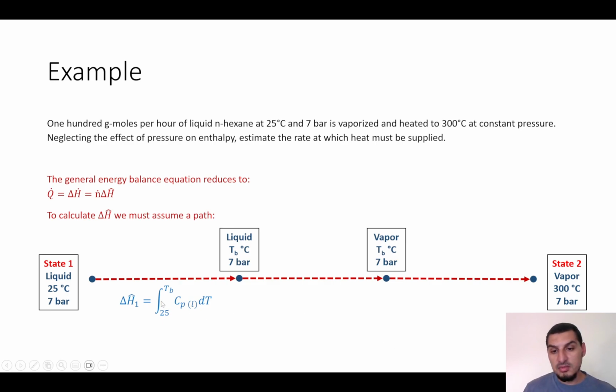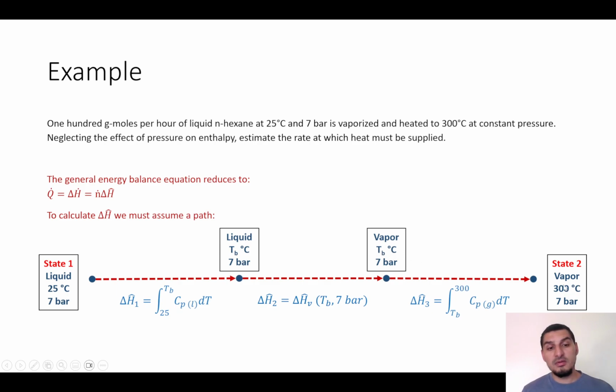The first delta H is due to the change in temperature. The phase is the same, the pressure is the same, so it is the integral of Cp dT from 25 to the boiling temperature. The second step is the latent heat of vaporization, only a phase change. Finally, we have the integral of Cp dT from the boiling temperature to 300 degrees Celsius.